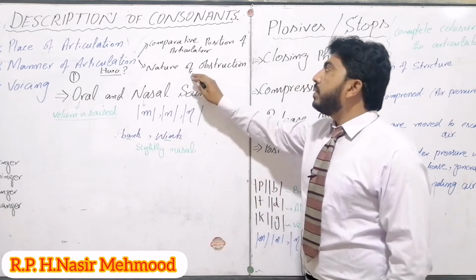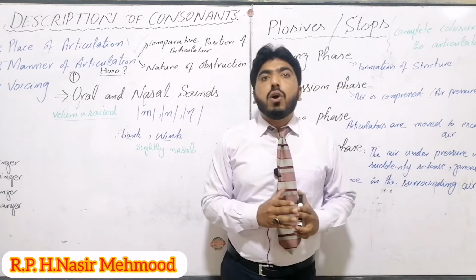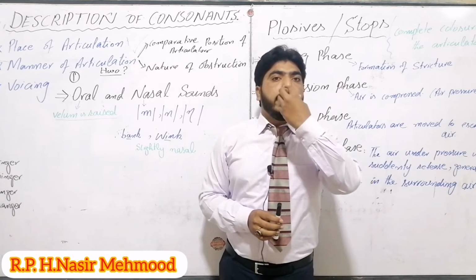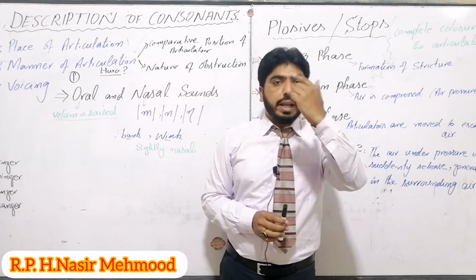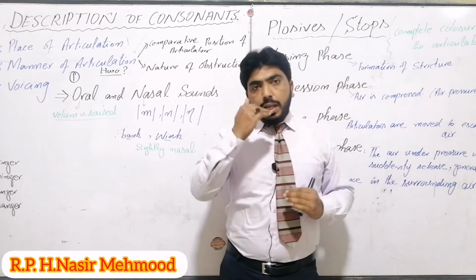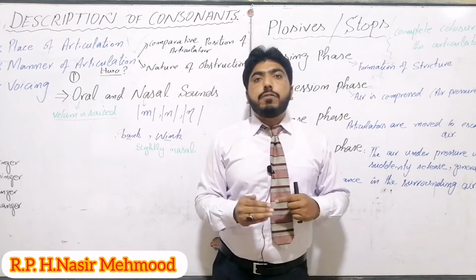And the other thing is the nature of obstruction. Obstruction means stoppage of the air which comes out of our lungs, and it passes sometimes through the nose and sometimes through the oral cavity, nasal cavity and oral cavity. In the way of the air, a stoppage can be made by using different articulators.